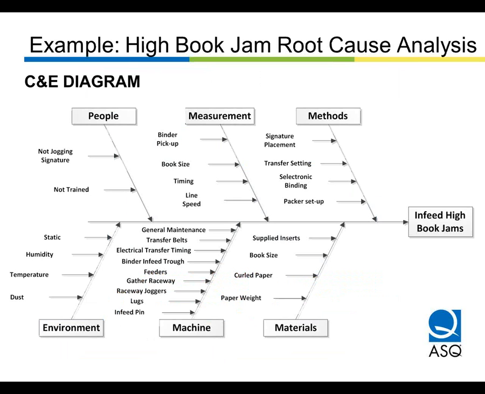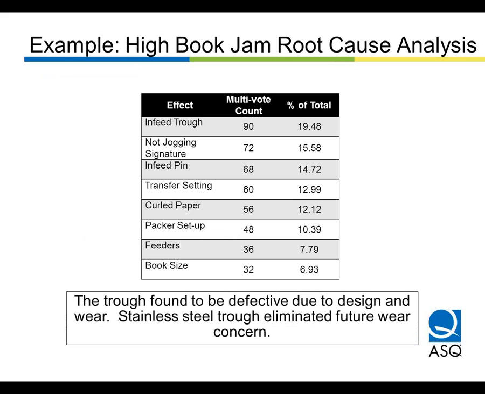The variation reduction team first created a fishbone diagram for the high book jams, brainstormed possible reasons for those book jams and put them on the fishbone, then conducted multi-voting to narrow that down to a few that they could investigate and focus in on.